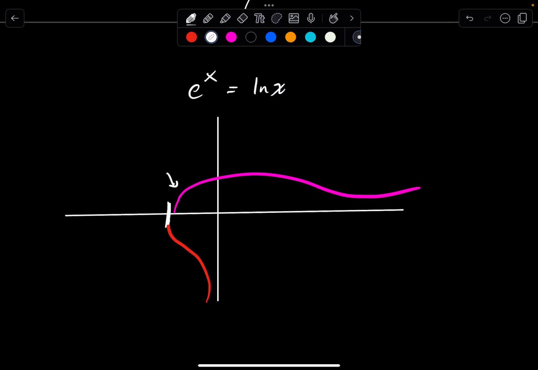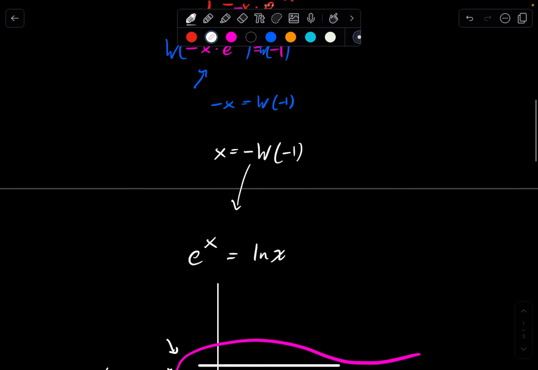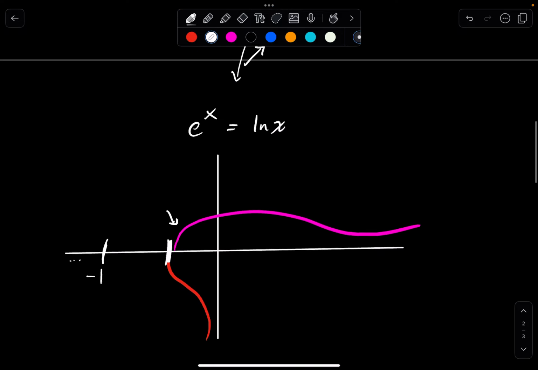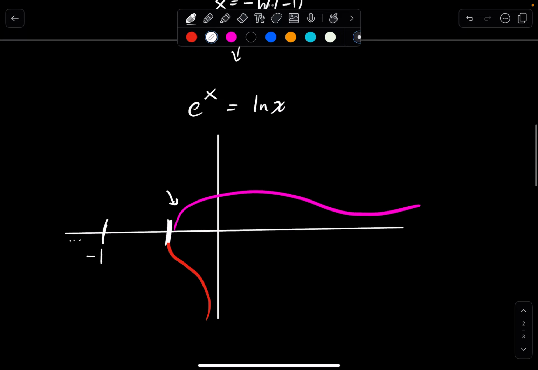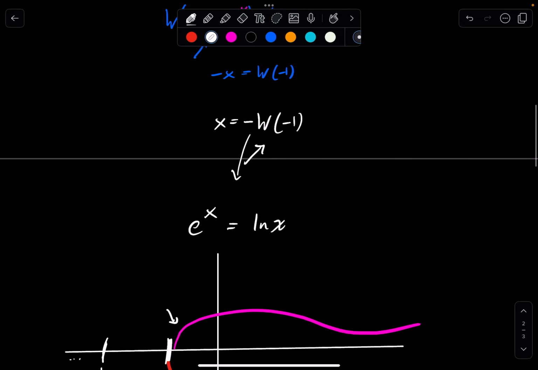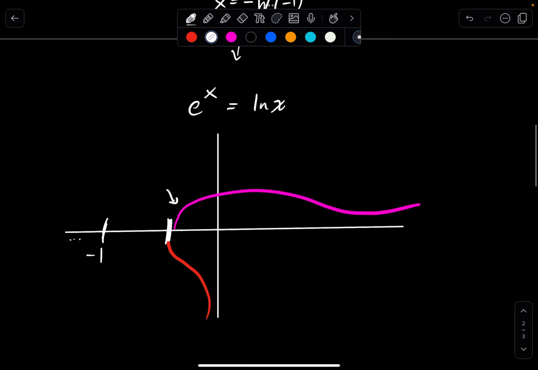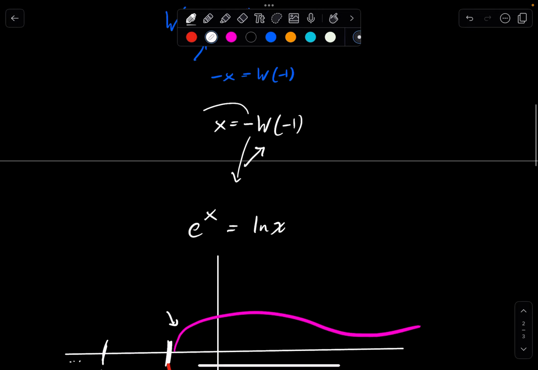I forgot what this value is right here, but the Lambert W function is not quite defined for values of less than negative 1/e. So finding W of negative 1 is quite a challenge too, and that's a separate topic as well. And there are many complex forms of even evaluating that. And then we negate that, and we get our solution.